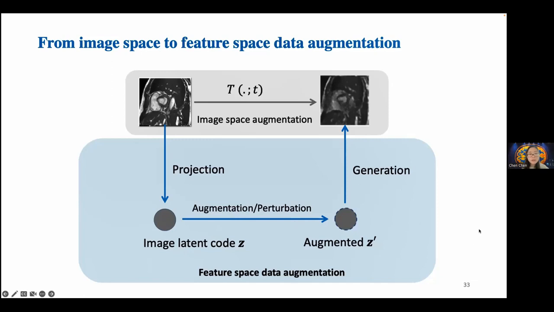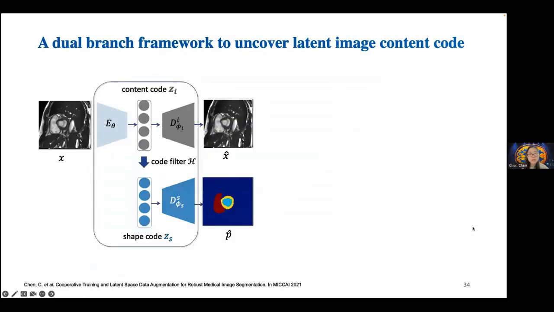Okay, and one of the works we did following this scheme is latent code masking based. I will first give you an overview of this framework, where we introduce an auxiliary decoder branch, shown as these gray blocks, where we model the image generation process by first encoding the image into the latent code and then using a decoder to map this latent code into the image space, okay?